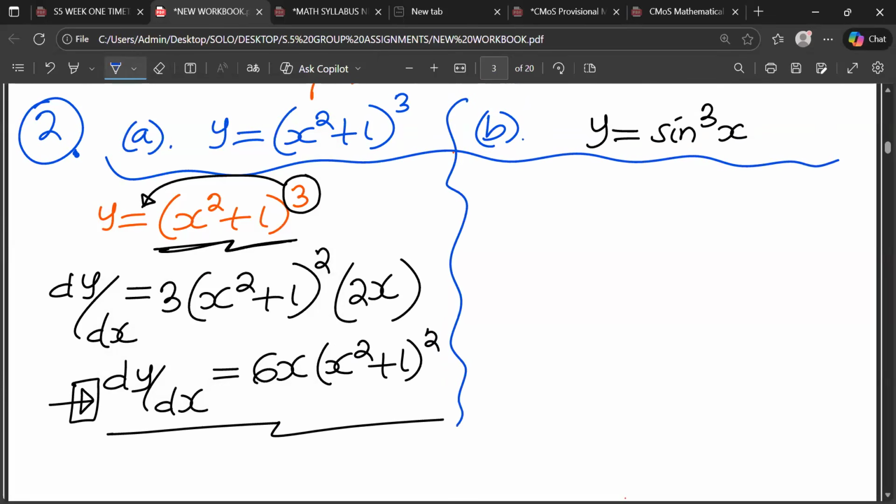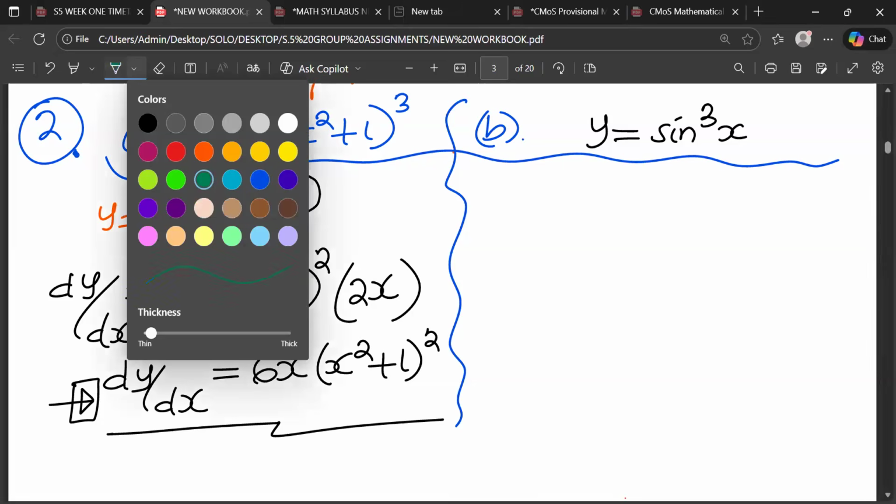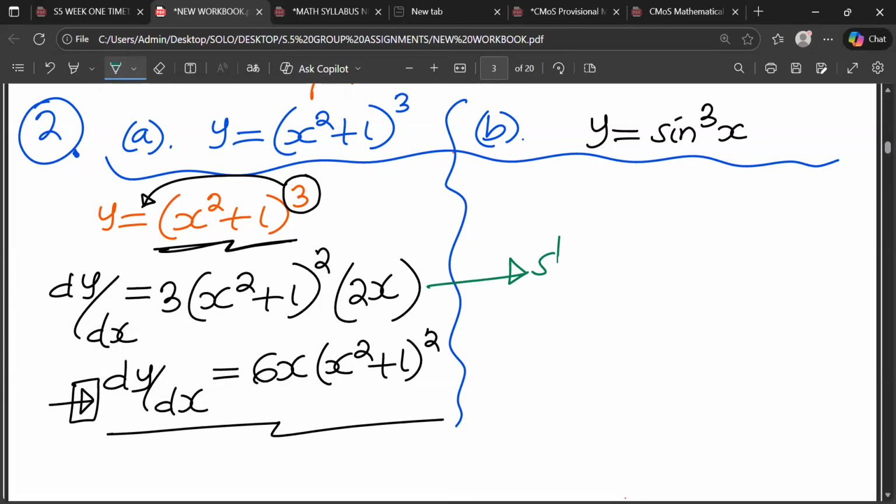Now, what of the trig function? What if it is a power but for the trig function? Very important, and you're not supposed to take it lightly. I don't know if people really recall how this thing was done. Those days, I remember telling you that this is what they called the shortcut.